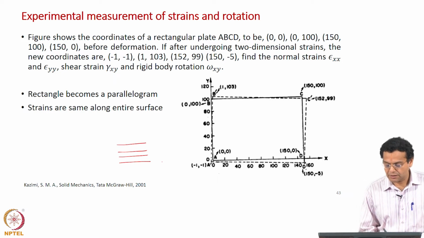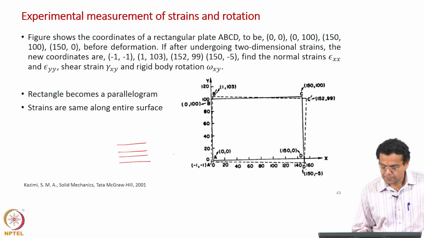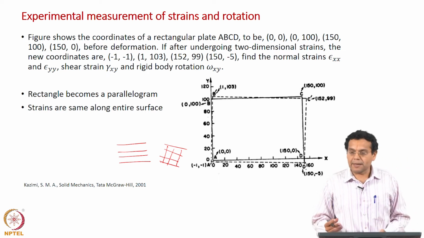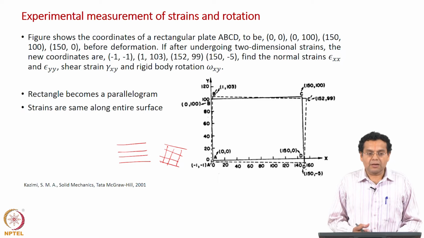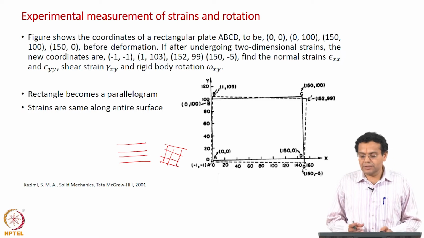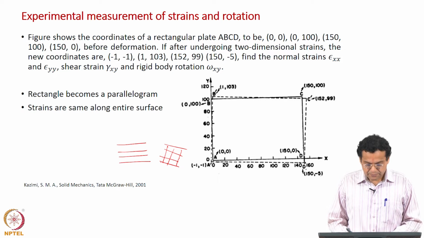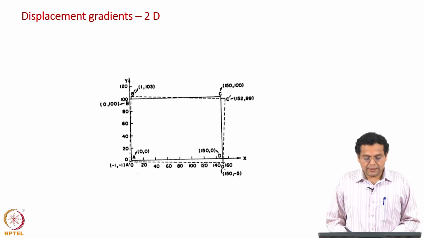If you draw according to this configuration, they are something like this. Okay. So, they remain parallel, which means that the strains are all uniform throughout. Okay. So, rectangle becomes a parallelogram, strains are same along the entire surface. So, we are going to use one or two of the sides to calculate the strains, and they are applicable throughout the plate, either rotation or strains. Okay, let us do that.